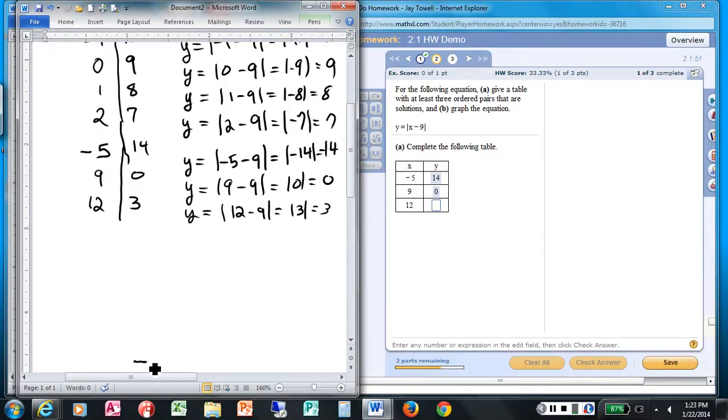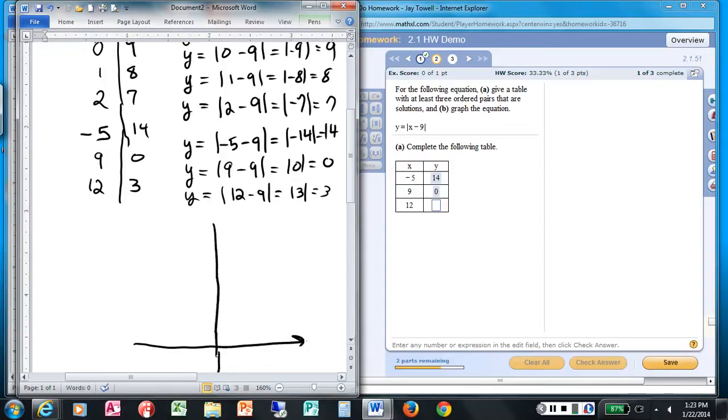We have negative 5, so negative 1, 2, 3, 4, 5. And then we go all the way out to 12: 1, 2, 3, 4, 5, 6, 7, 8, 9, 10, 11, 12.